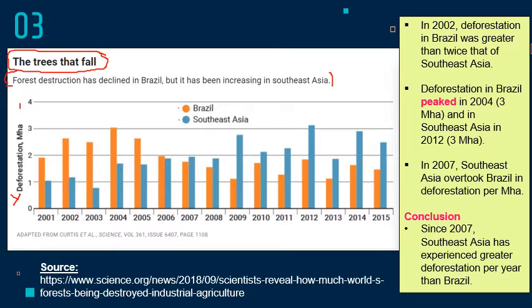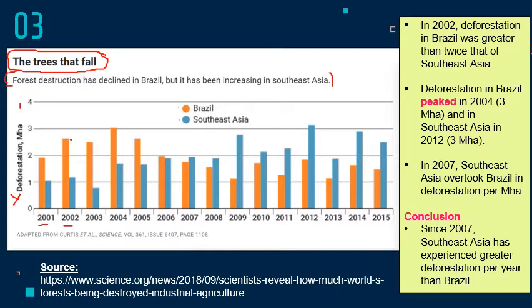So not quite in 2001, but in 2002, Southeast Asia is about 1.1 maybe, whereas in Brazil, it's almost 2.5 or 2.6. So it's definitely double or greater than double that of Southeast Asia.